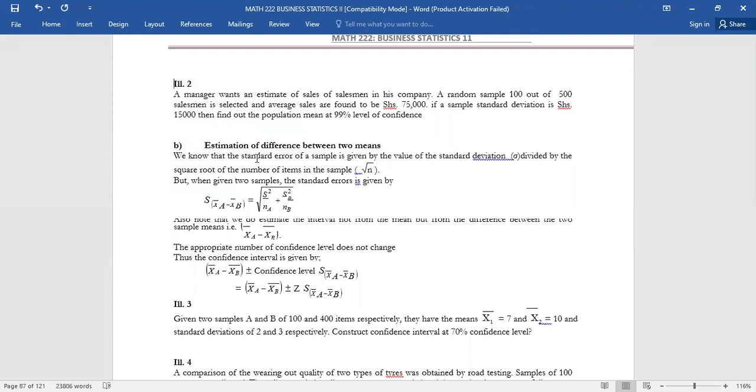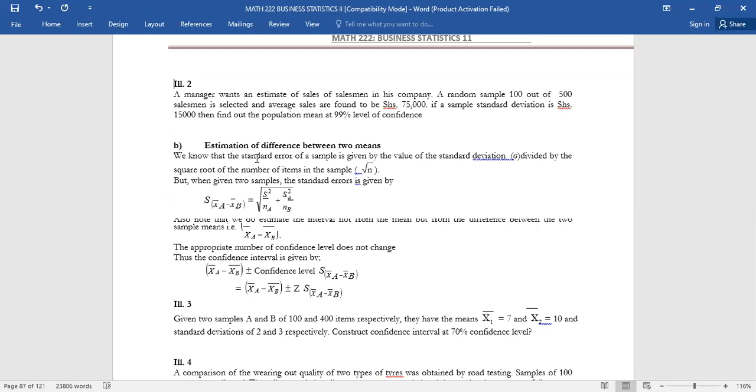If the sample standard deviation is 15,000, then find the population mean at a 99% level of confidence. So where do we start? We still follow our steps, only that our final answer will be multiplied by the factor, which is now the FPCF.